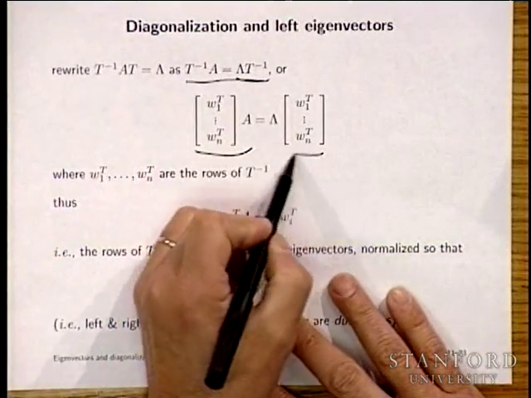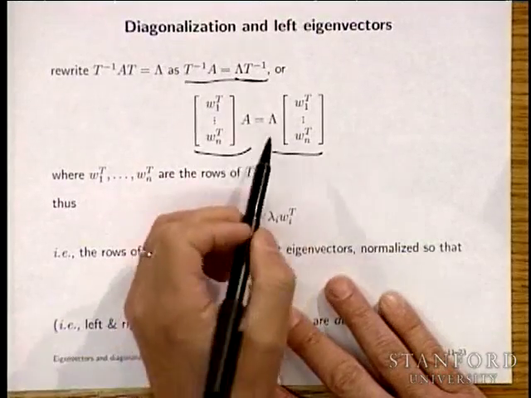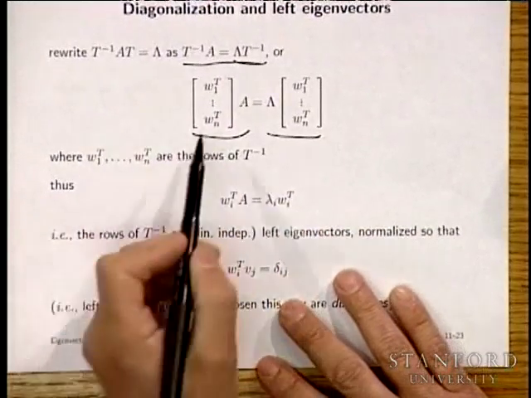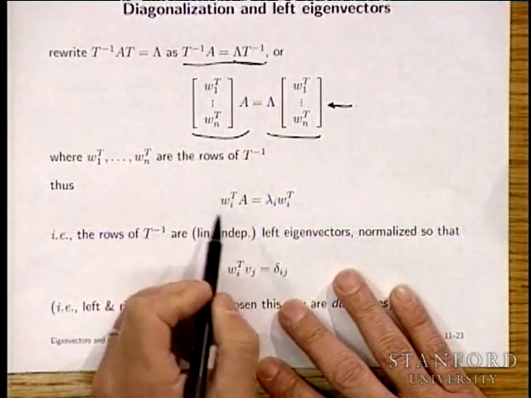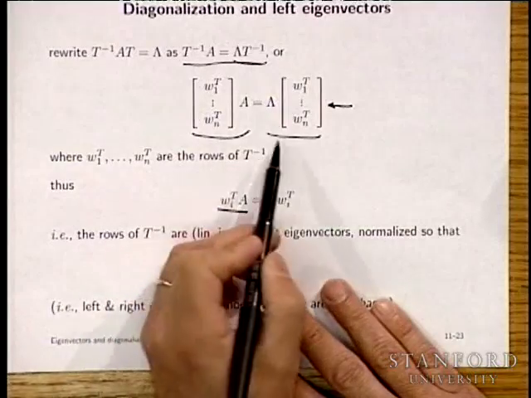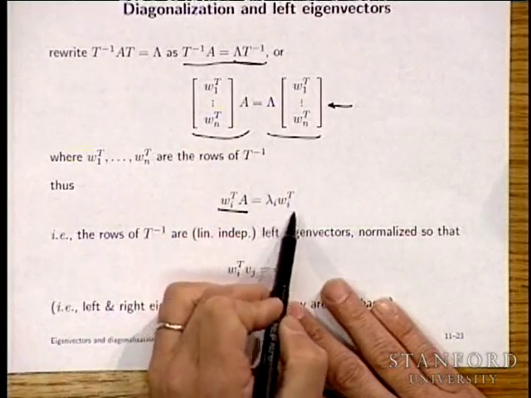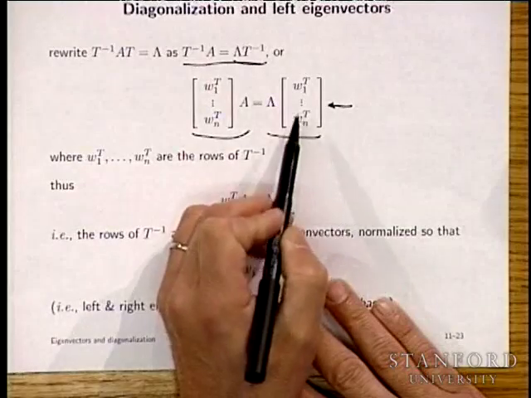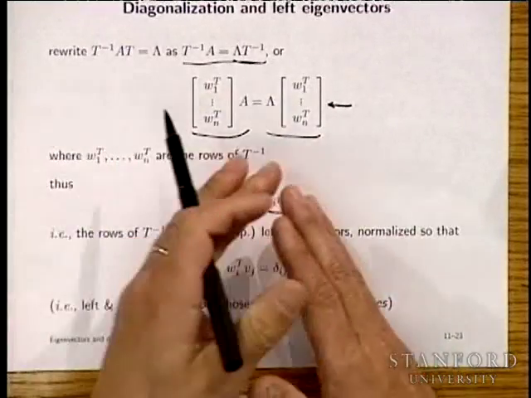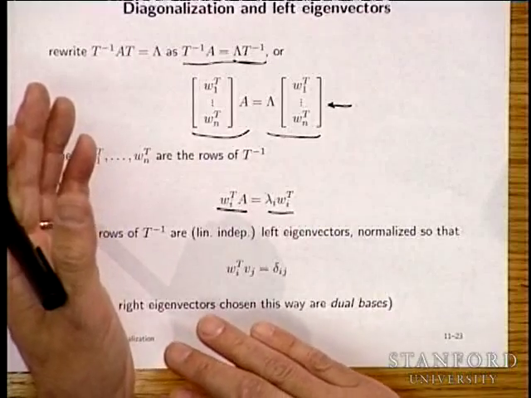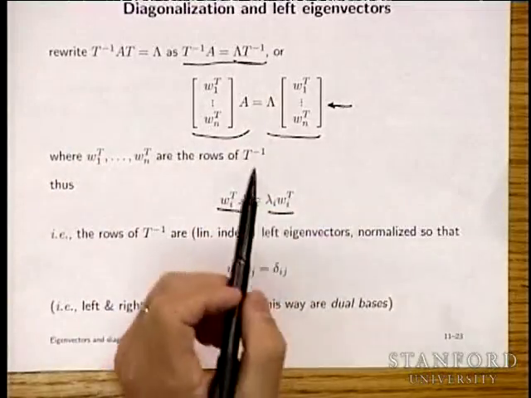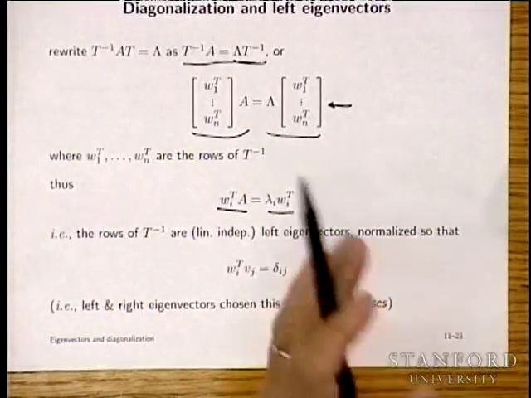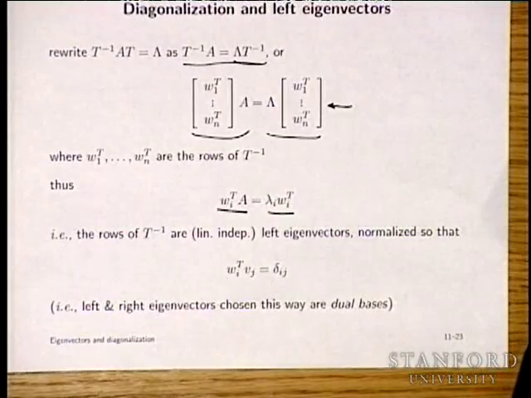Now, if you simply multiply out, the rows of the left-hand side are this, and the rows of the right-hand side are this, because I'm multiplying a diagonal matrix by a matrix. If you multiply a diagonal matrix on the left, you're actually scaling the rows of the matrix. If you multiply a diagonal matrix on the right, you're actually scaling the columns.